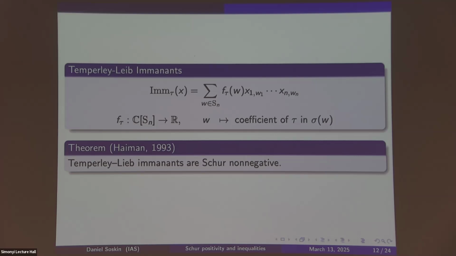Can you get every linear combination? Can I get every linear combination? Yeah. You generate the entire space.